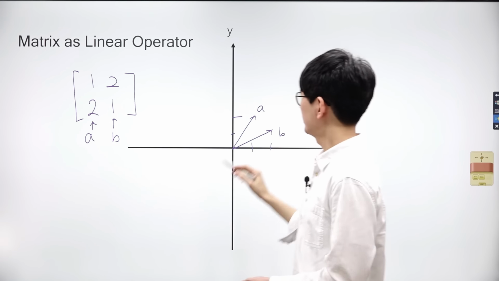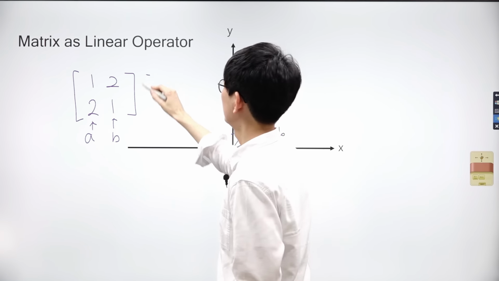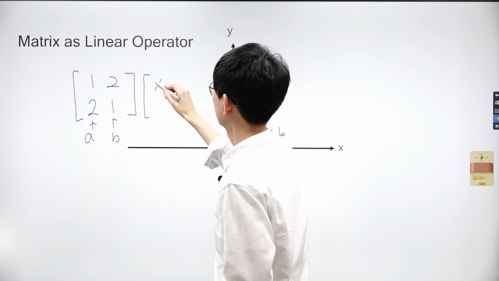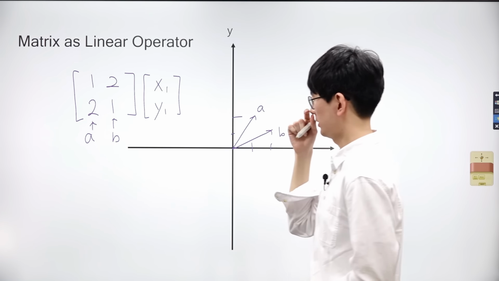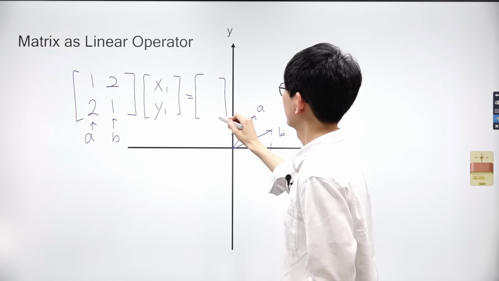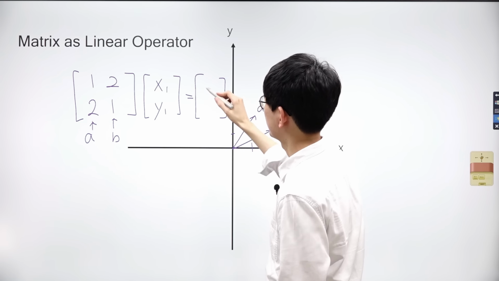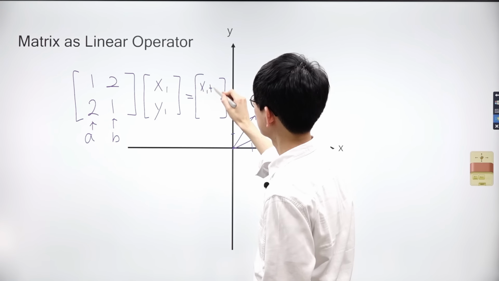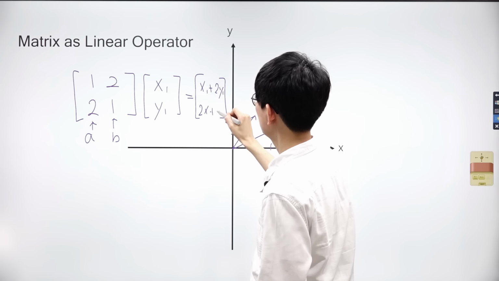The rank of the matrix is 2, and it's a full rank matrix. Let's multiply this matrix by a vector x1 and y1. Because we're scaling vector A by x1 and vector B by y1, the outcome of the matrix vector multiplication is x1 plus 2y1, 2x1 plus y1.